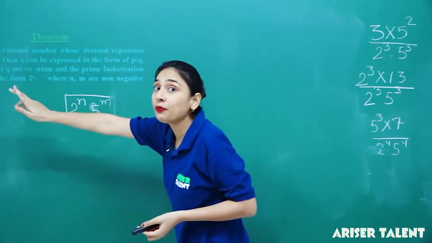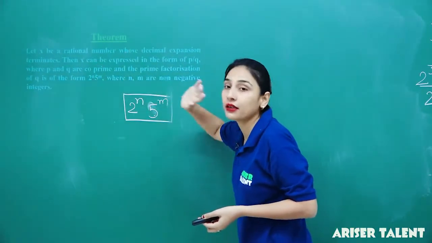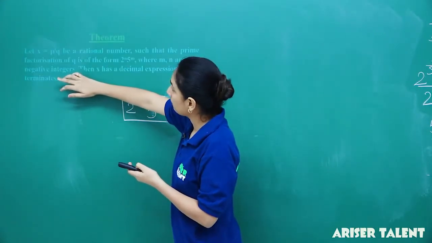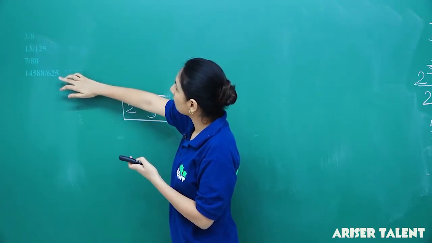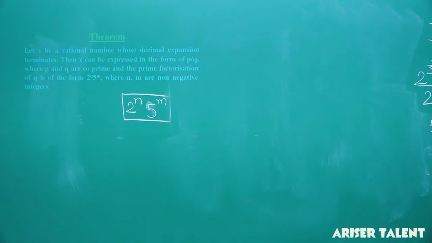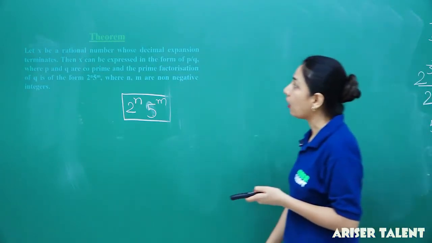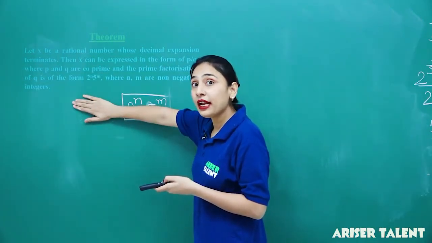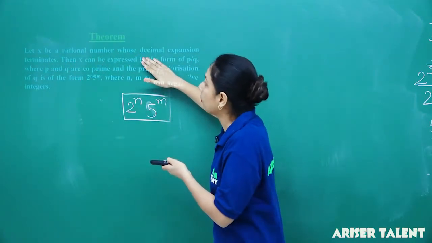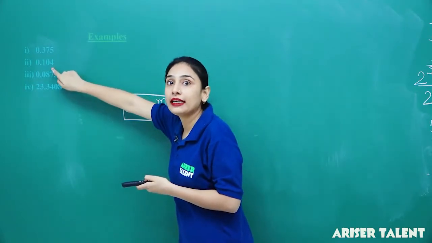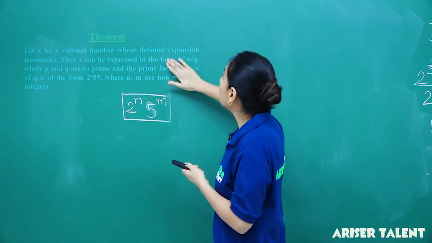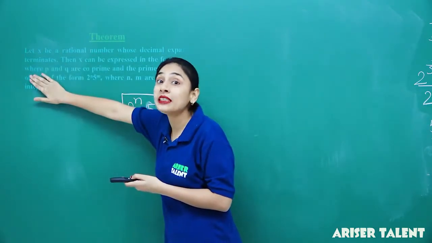Let x be a rational number. Now see, we have taken rational numbers whose decimal expansion terminates.